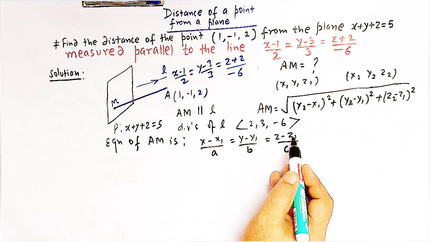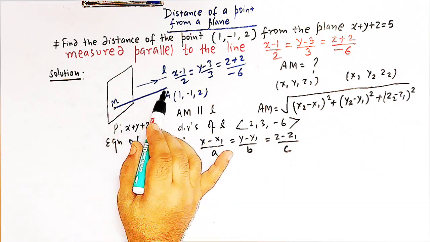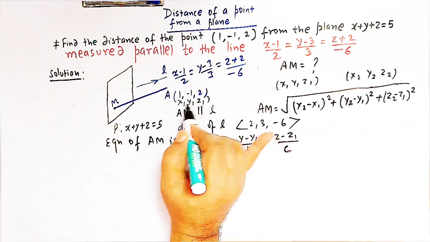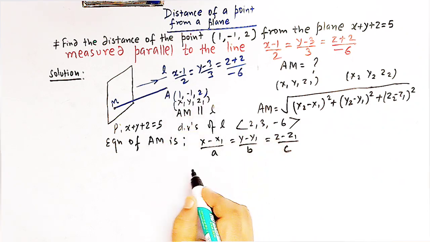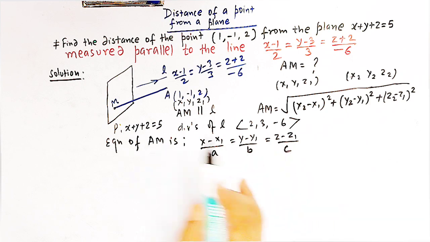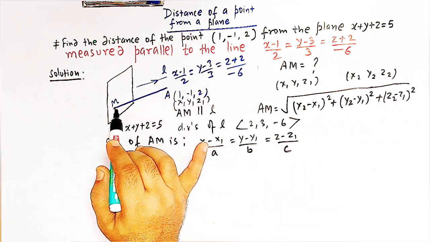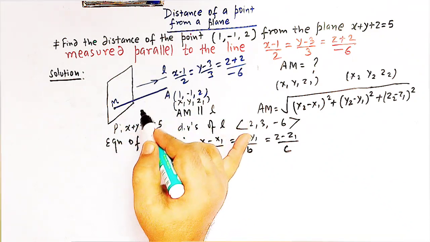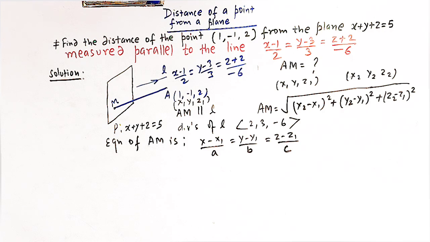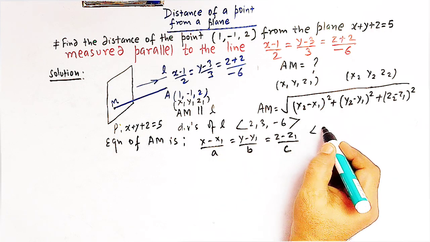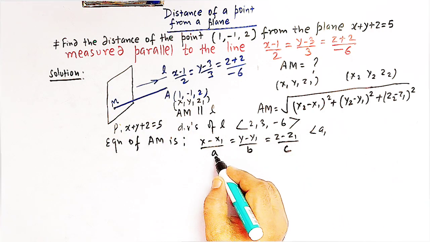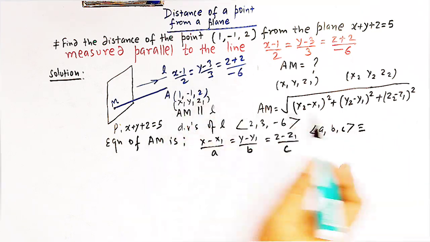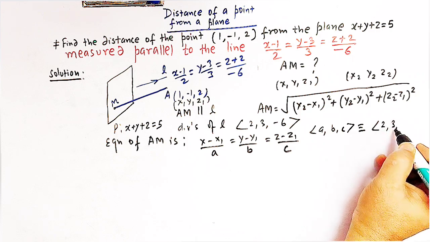Now (x1, y1, z1) is the point lying on this line AM. So we can consider (x1, y1, z1) as (1, minus 1, 2), and a, b, c are the direction ratios of AM. Now AM is parallel to the line L, and when we have two parallel lines, their direction ratios are proportional. So we can take the direction ratios of AM, that is a, b, c, as 2, 3 and minus 6, right? 2, 3 and minus 6.